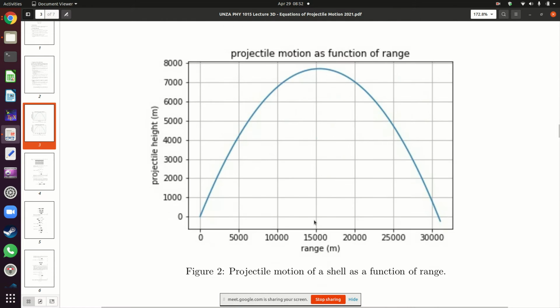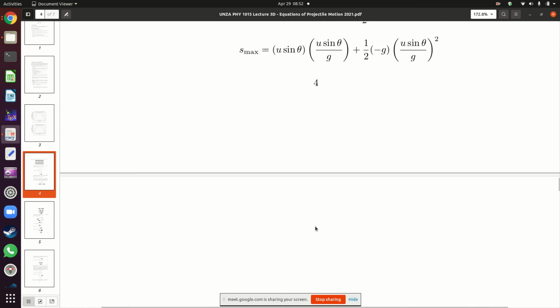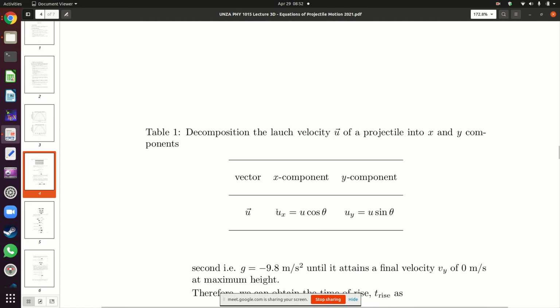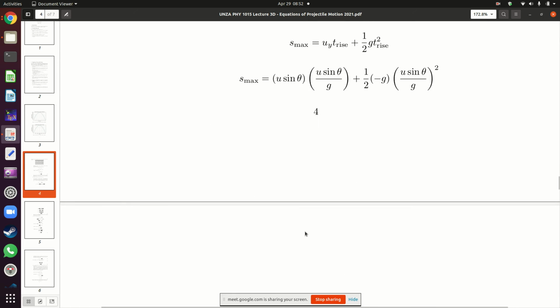For you to find range, you need to multiply the velocity of the projectile in the x direction, which is ux equal to u cos theta, by the flight time. That's how you find the range.